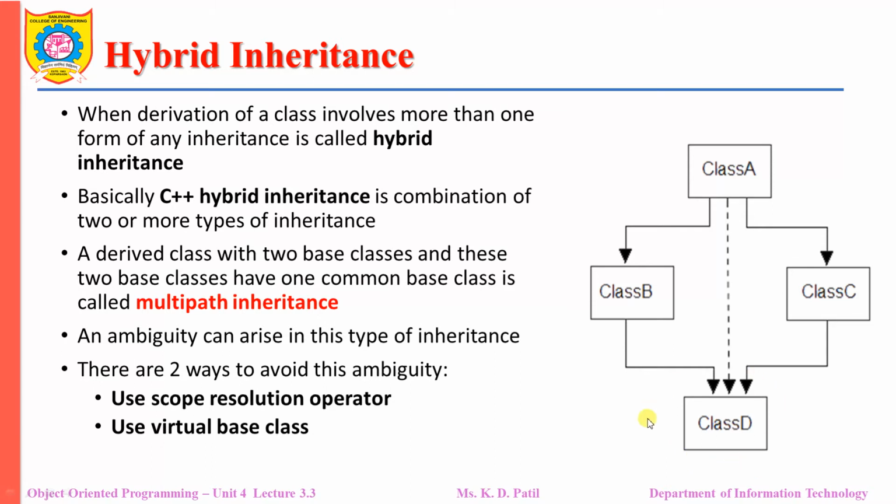Why is it referred to as a multipath inheritance? Because class D is the child class which is inheriting the properties from class B, and ultimately it is inheriting the properties from class A as well.